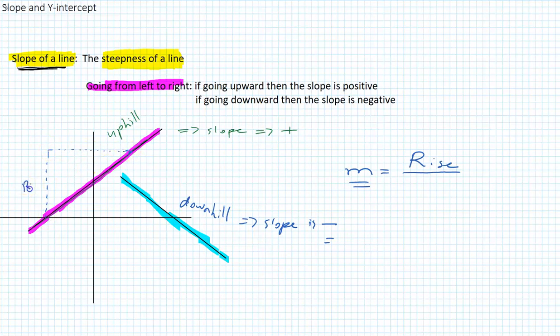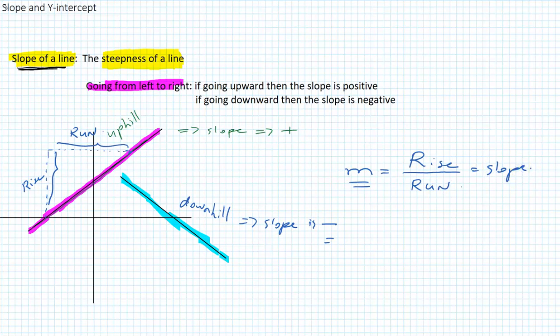This is the rise value, and the horizontal distance from the place where you go and hit the line is called the run. So the fraction rise divided by run, or rise over run, represents the slope of any line.